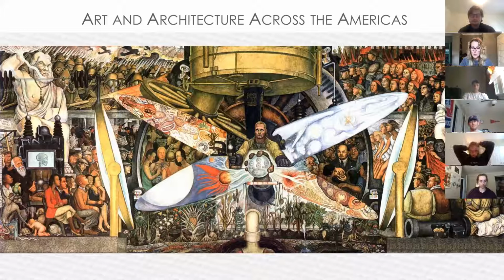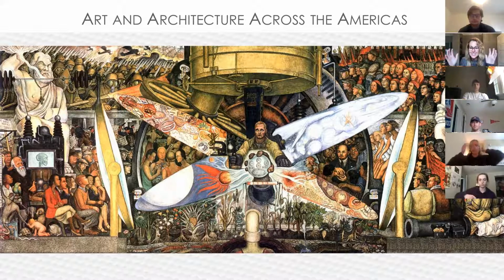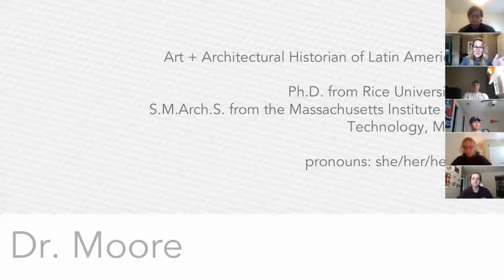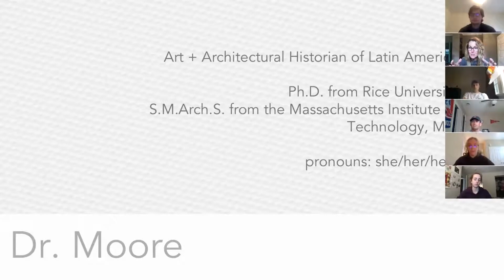So you are in Art 104, Art and Architecture Across the Americas. And I love this class. This class lands right on my specialization. I'm an art and architectural historian, and I focus primarily on the art and architecture of the Americas, generally modern, but this course will go all the way from ancient civilizations right up to the 20th century.